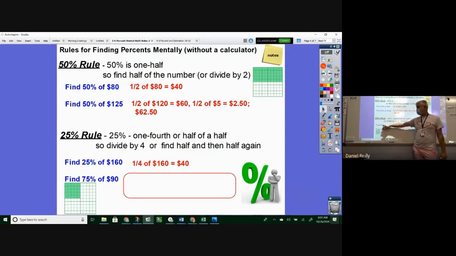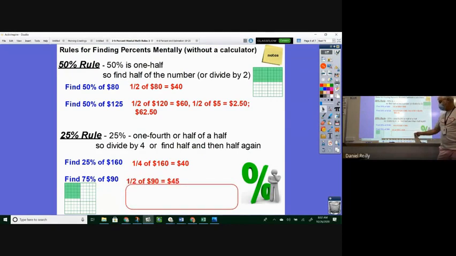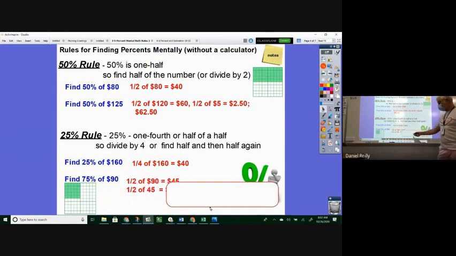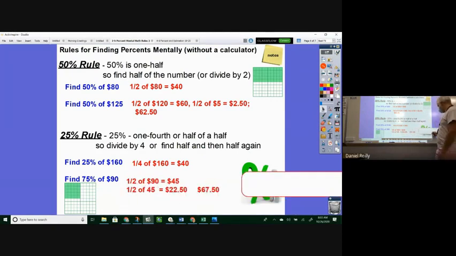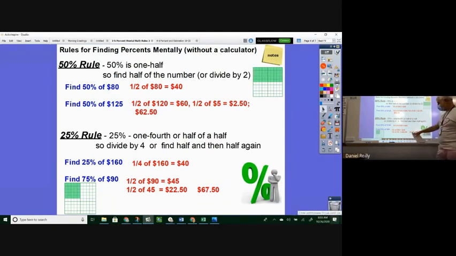75% is 3 of these 25%, or you can find 25% and subtract it. So 75% of $90, I would take half of $90, which is 45, and then I would take half of that, which is $22.50, and then I can subtract that from $90 or multiply it by 3 to get 75%, which is 3/4.